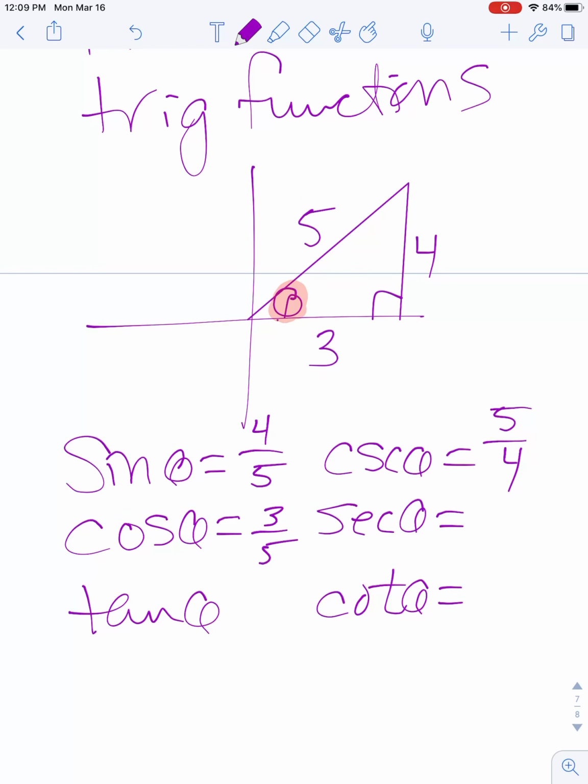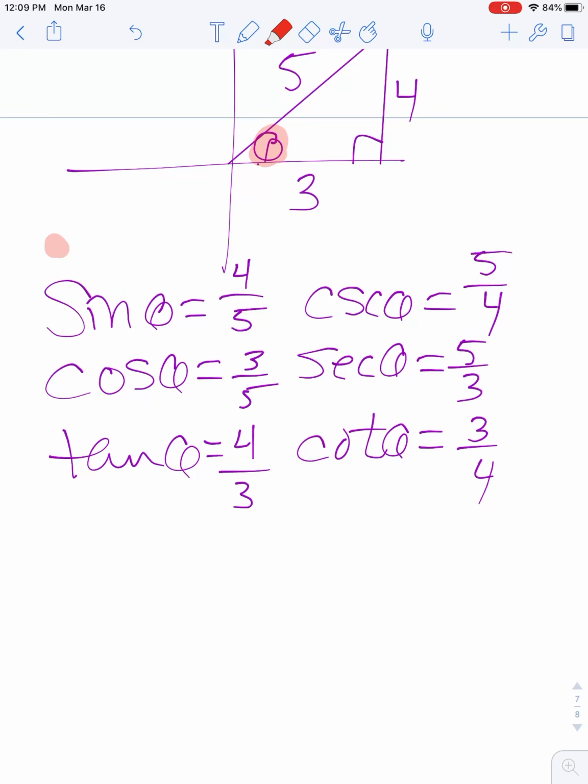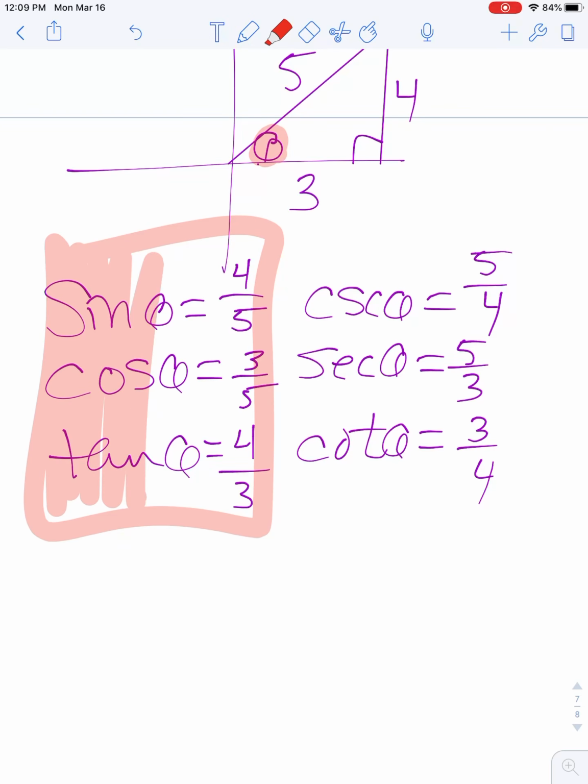So adjacent over hypotenuse. Secant, flip it. Tangent is, of course, opposite over adjacent. So it's opposite over adjacent. Flip it. So I told you, if you know these 3, you're good to go for the other 3 because you just take the reciprocal. You just flip them. Okay?